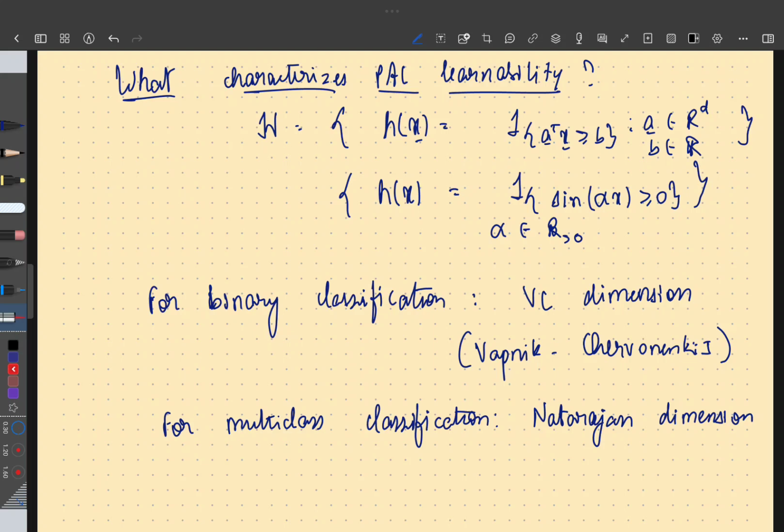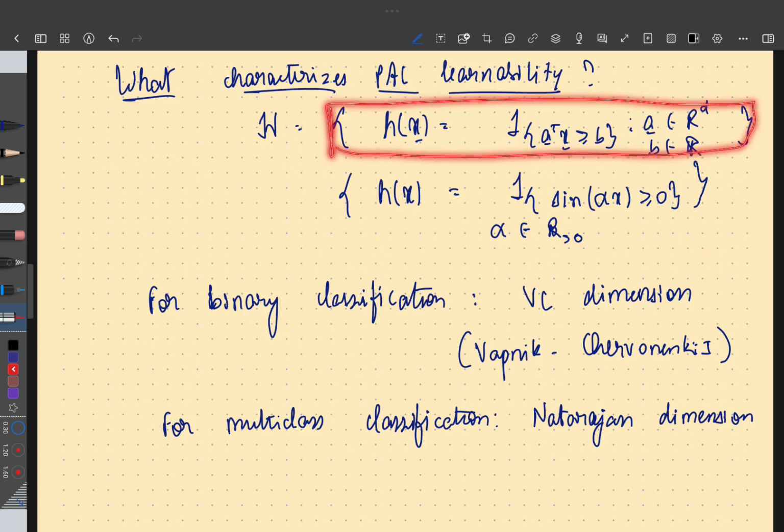Both are infinite hypothesis classes, right? This one is an infinite hypothesis class. The second one is also an infinite hypothesis class. Both of them have a finite number of free parameters. But this is an infinite hypothesis class that is PAC learnable.